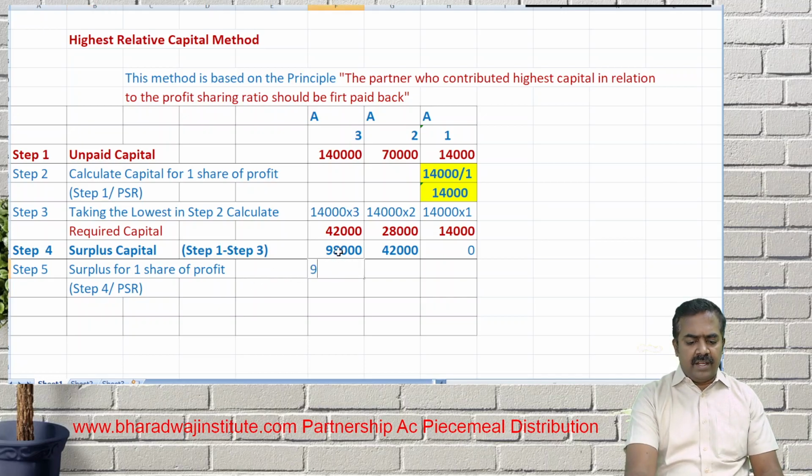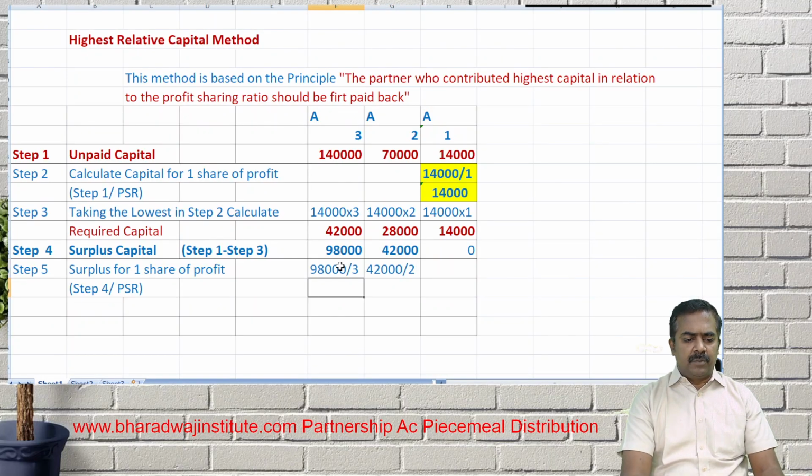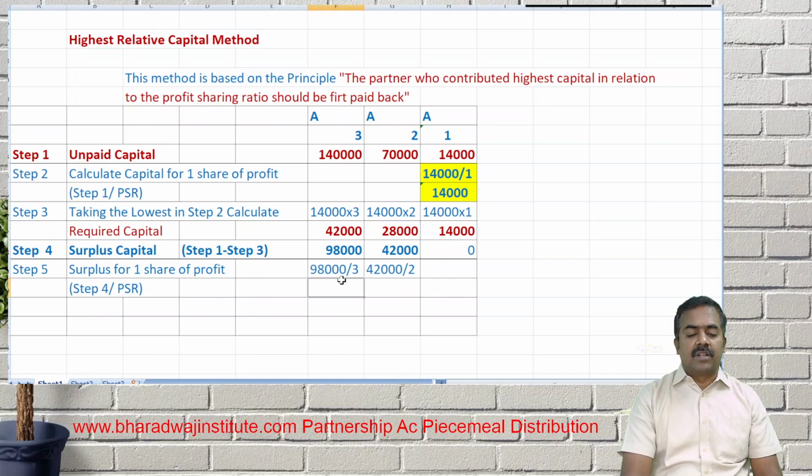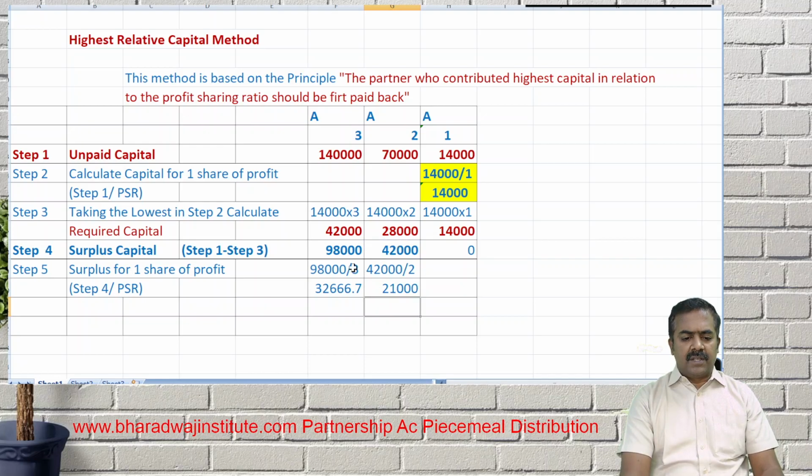What is the amount? 98,000 divided by the profit sharing ratio, 3. 42,000 divided by 2. What is it? 98,000 divided by 3, and this one, 42,000 divided by 2, is 21,000.